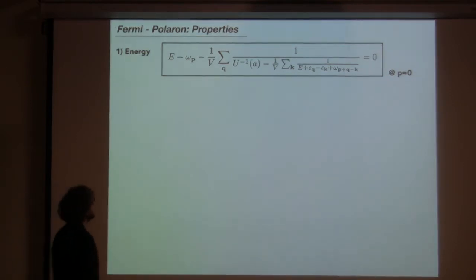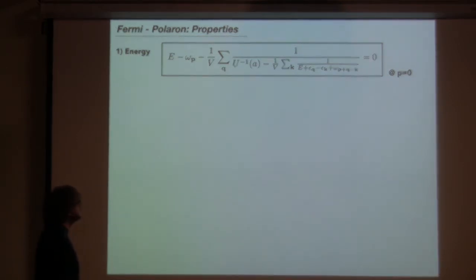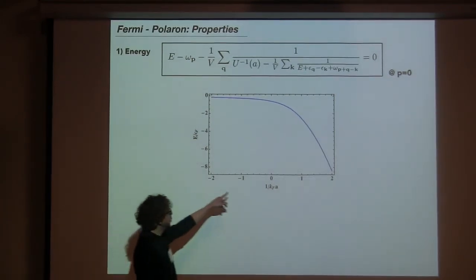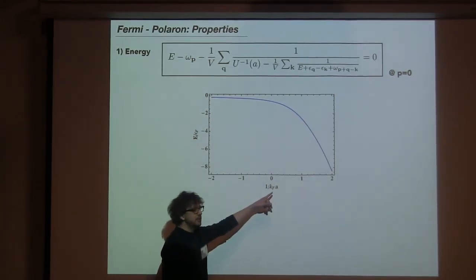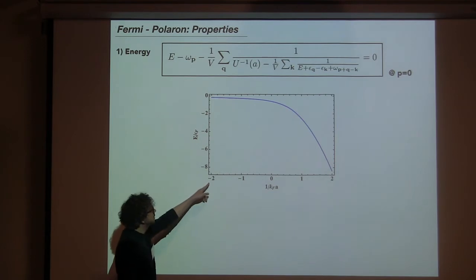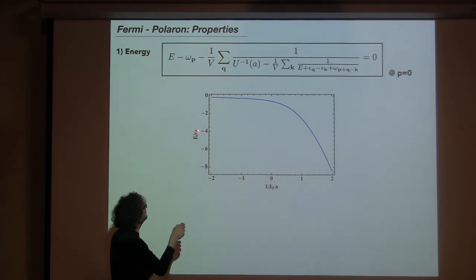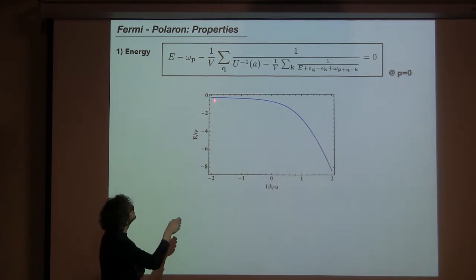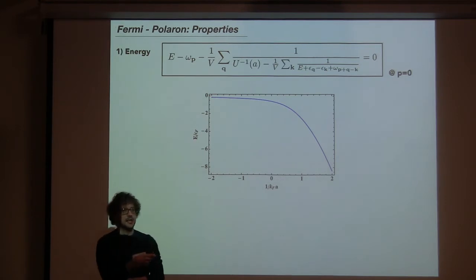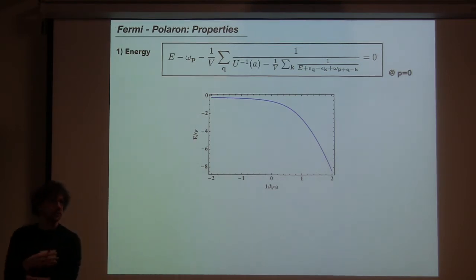And if we now plot 1 over kFa, our interaction parameter, we have very weak attraction here on the left side. And what I plot here is the polaron energy in units of the Fermi energy. One sees a very tiny energy at weak attraction, but that makes sense.